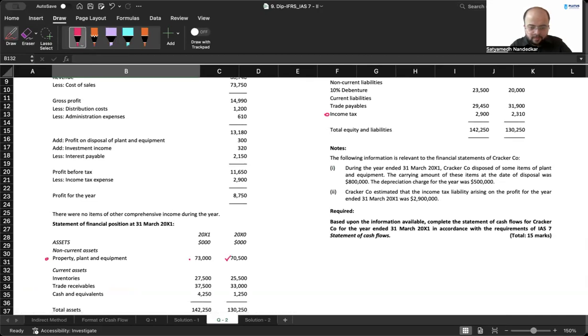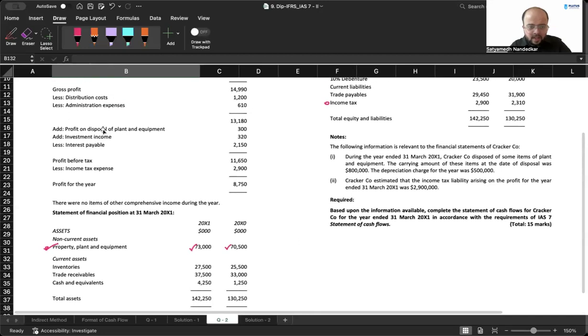Posted. Then during the year, Cracker disposed of plant and machinery. The carrying amount of these items on the date of disposal was 8 lakh. The depreciation charge for the year was 5 lakh.